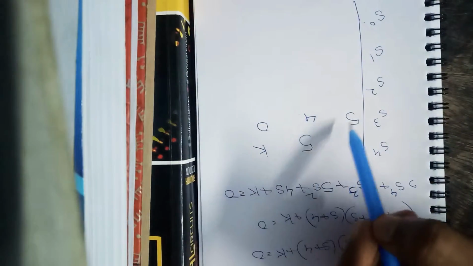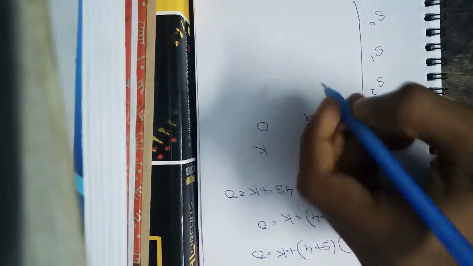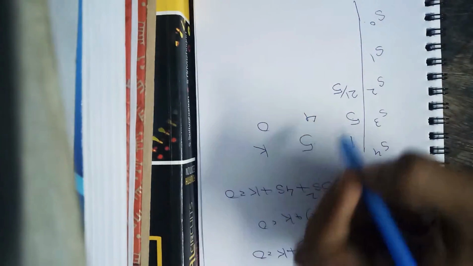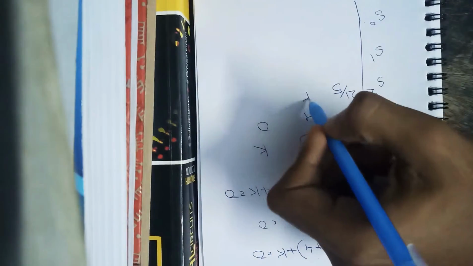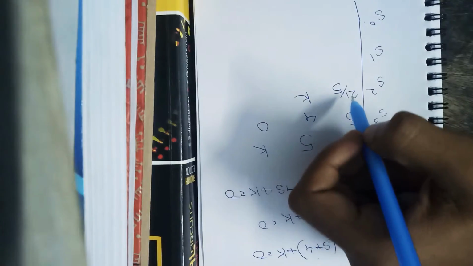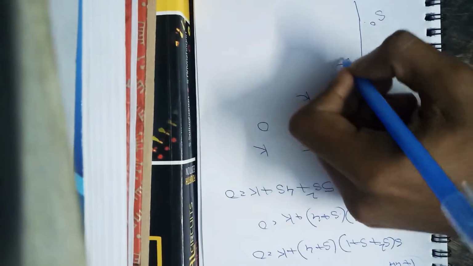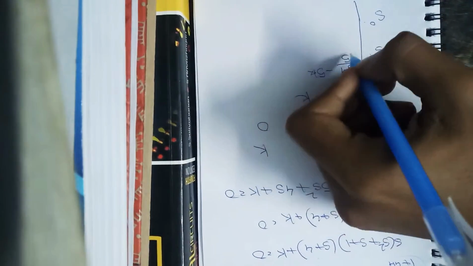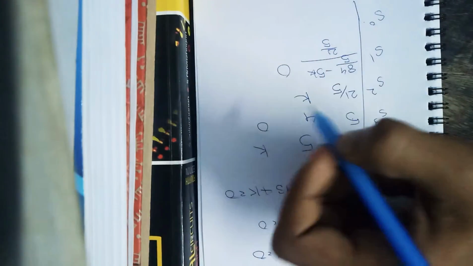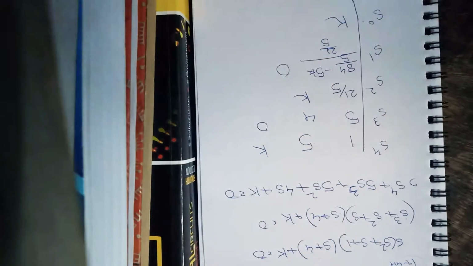Now for the next row, this into this minus this into this, so this will be 25 minus 4, that is 21 by 5, then K. Then 84 by 5 minus 5K by 21 by 5, then definitely a 0, and the last would definitely be a K.